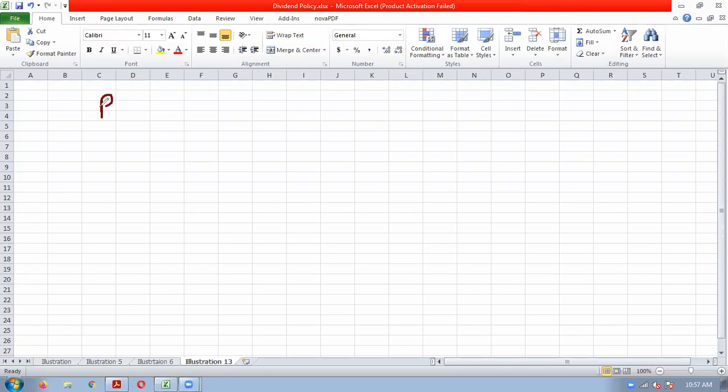P0 is equal to E1, here instead of D, we will use E1 (1 minus b) divided by Ke minus g. What is E1? E1 is the earnings per share. 1 minus b is the dividend payout ratio.